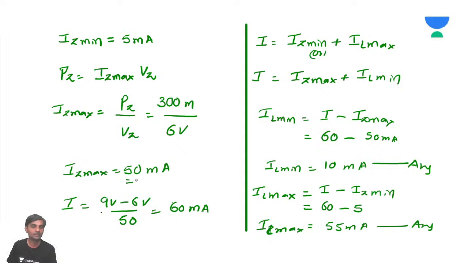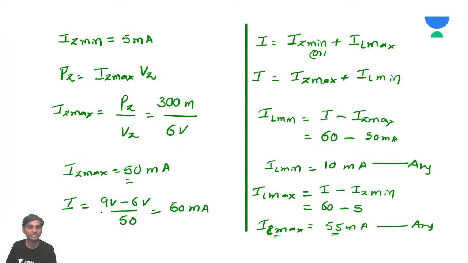What is IZ maximum? When IZ is maximum, so IL minimum is how much? IL minimum is 10 milliamps. Yes, for IZ maximum, IL minimum is 10 milliamps only. Don't get confused, Balaji. This 55 milliamps is IL maximum.